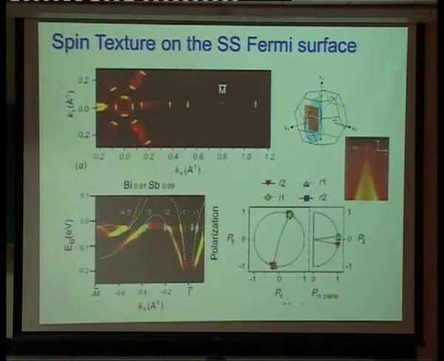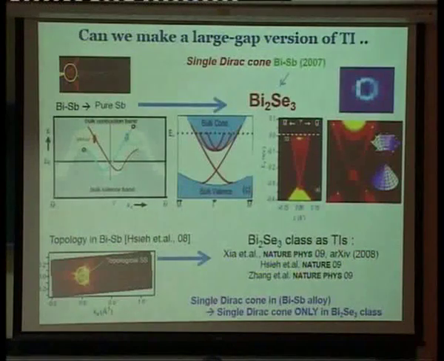In other cases, that is not the case, so you don't pick up a phase. The interesting part, the contribution to the phase, comes from the center, and if you look down in energy, it looks like there is some sort of crossing. You have to go even further down. And then you see that this is the only interesting part. So this compound already had a single Dirac cone, but it has additional states.